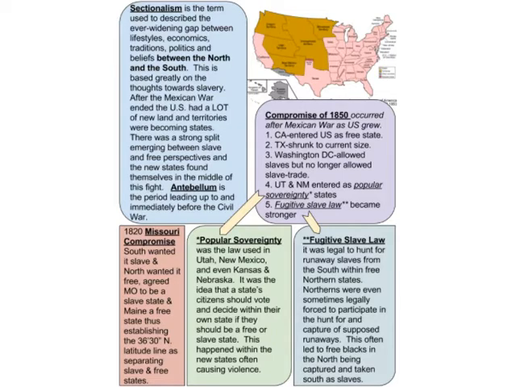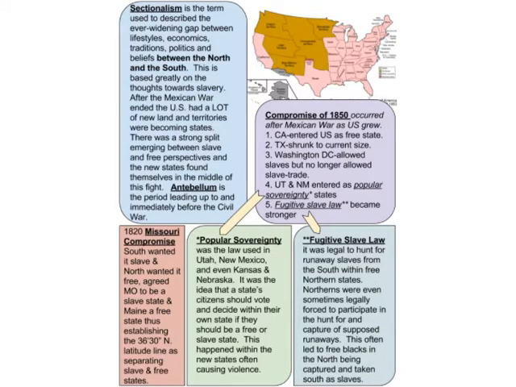They would have their own sovereignty, meaning they would rule their own land, and they would decide based on their own population whether they would be a slave or free state. This ended up causing some violence in places like Kansas and Missouri, because people were moving in and fighting for free rights, and others were moving in and fighting for slave rights, and they were fighting within these states. So some things were solved, many things were not.